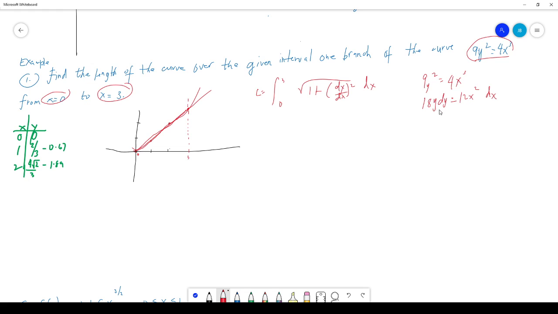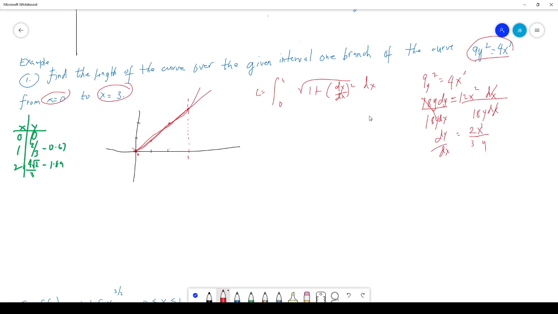So we divide this side by 18y dx, and this side as well by 18y dx. Therefore, 18y is cancelled and we now have dy over dx. 12 over 18 simplifies to 2/3, then x squared over y. So our dy over dx is 2x squared over 3y.